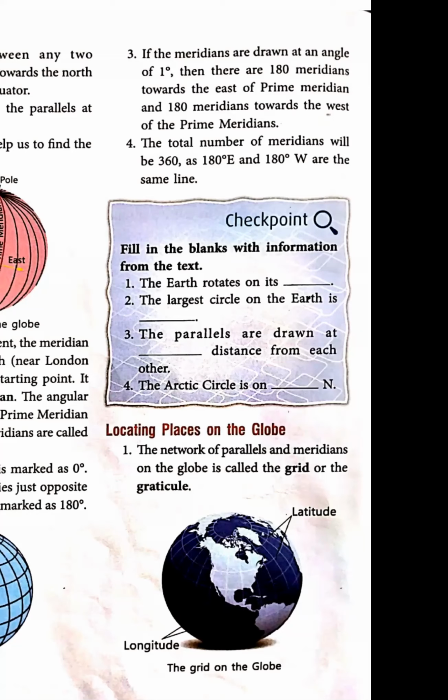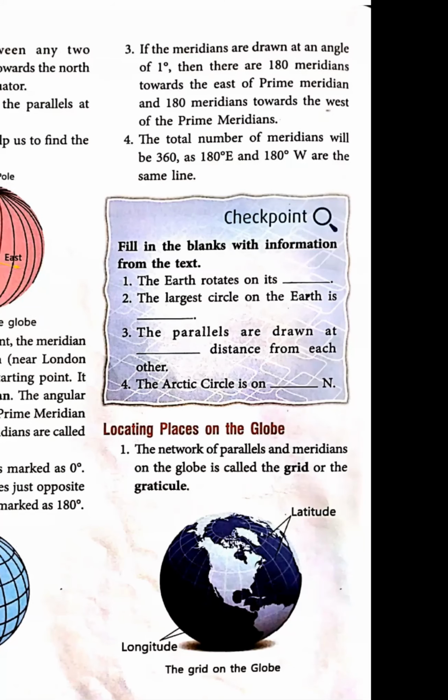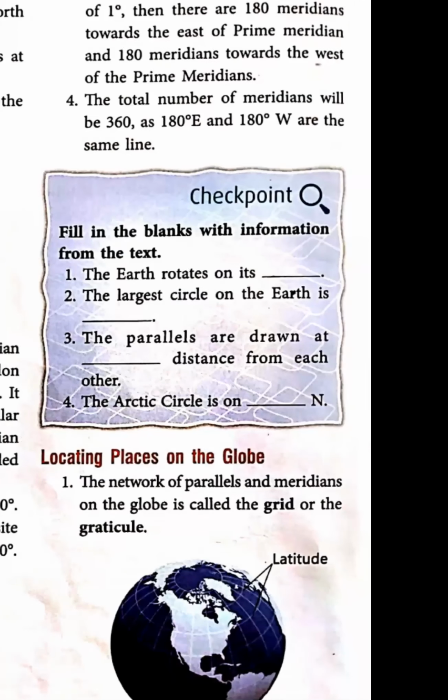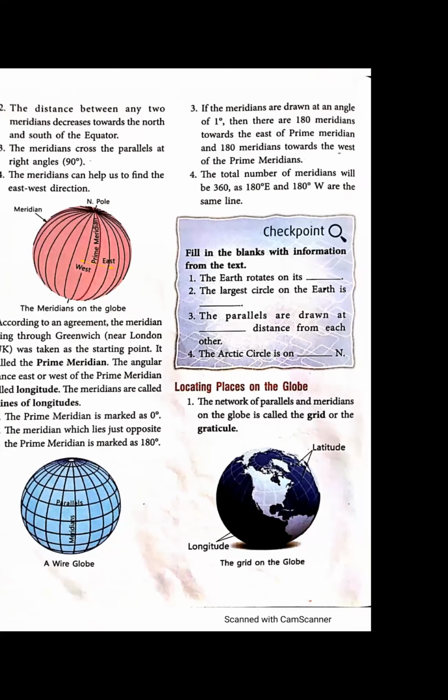The total number of meridians will be 360, as 180 degree east and 180 degree west are the same line. Now the checkpoint. We will discuss it later with the back exercise.